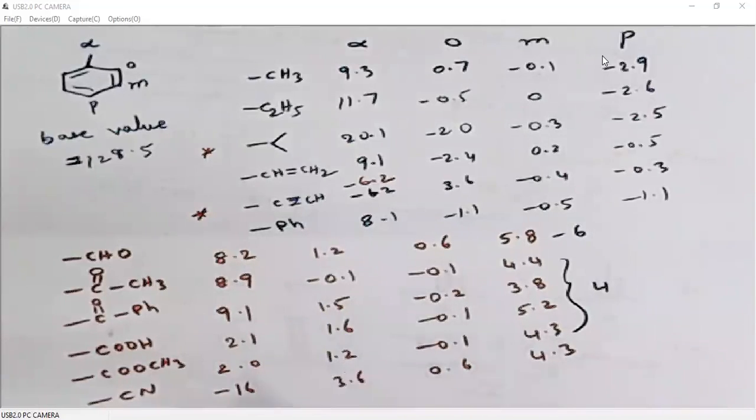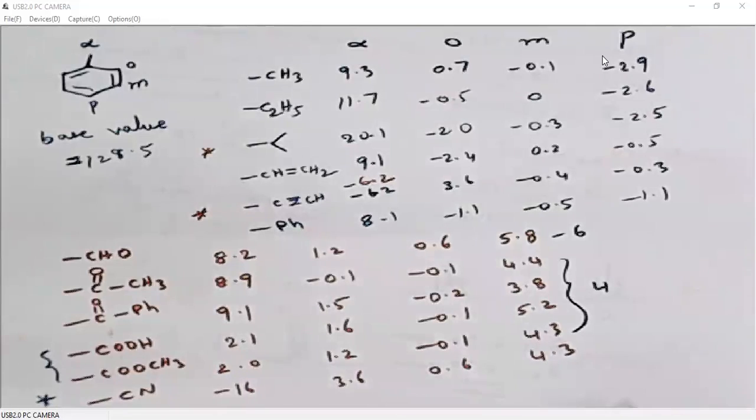For aldehyde or ketone, add 9. For carboxylic acid or ester, add 2. Nitrile is an exception. Nitrile we will subtract 16.